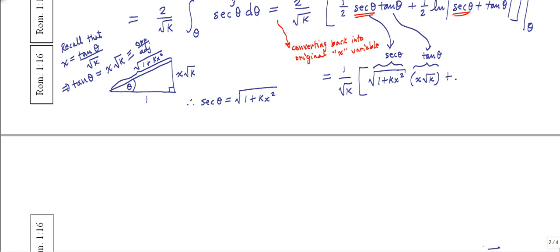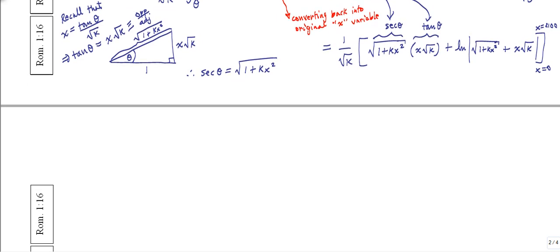We get plus natural log of the absolute value of radical 1 plus kx squared plus x times radical k. And now, of course, our x is going between 0 and 2100 feet.